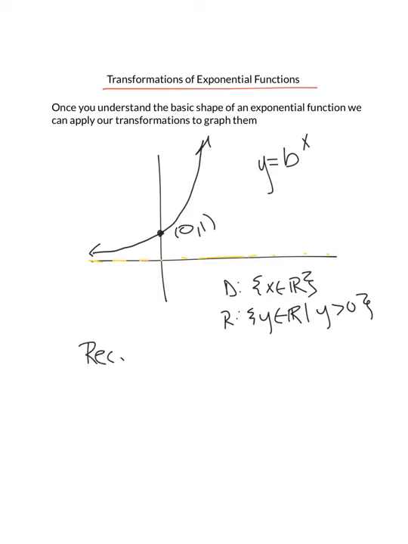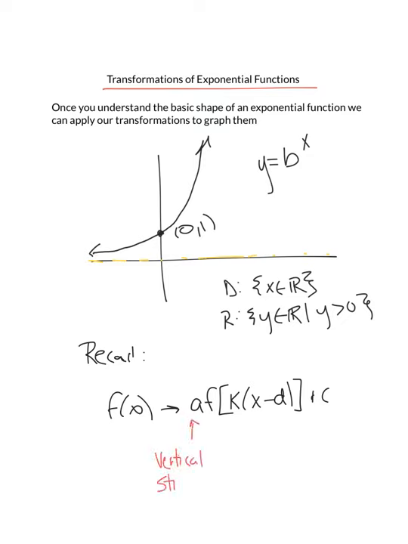Just as a quick reminder, if we have our f(x) and it is being transformed to a f(k(x - d)) + c, we do have all 4 transformations in here. So our a is our vertical stretch or compression.